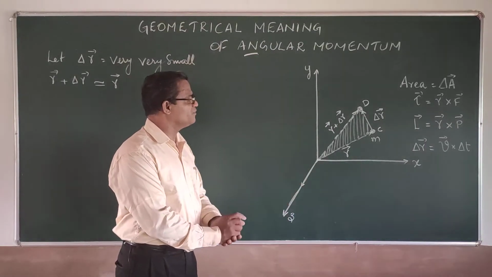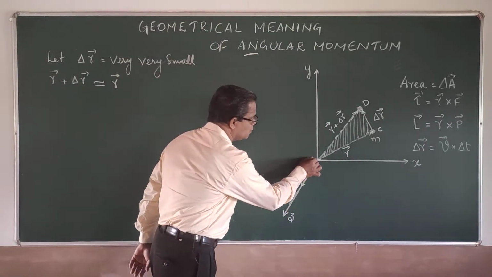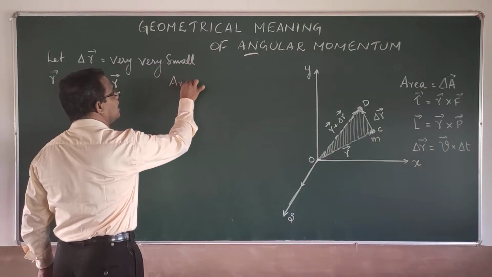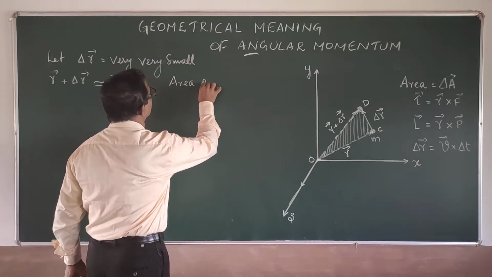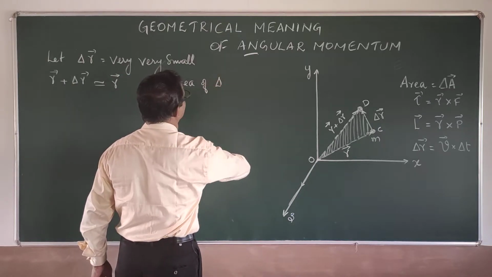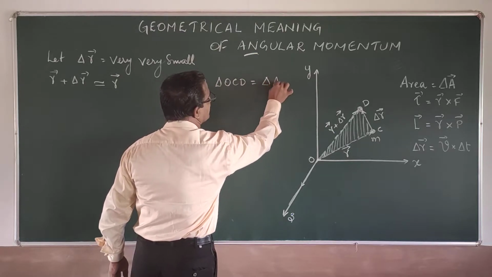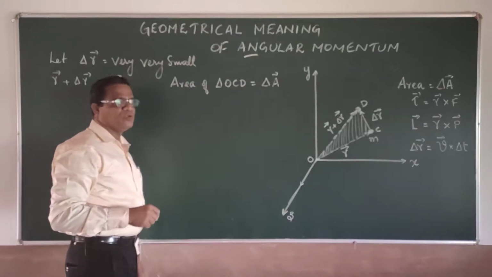Consider the area of the triangle OCD, and let it be equal to delta A, a very small value.